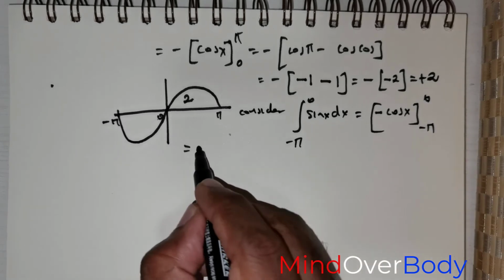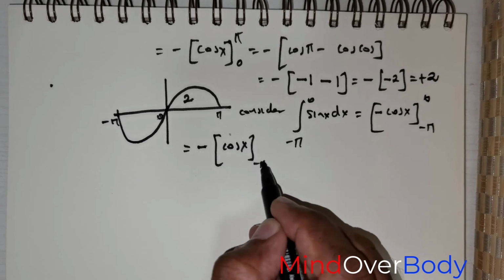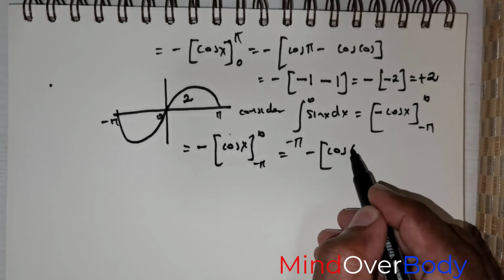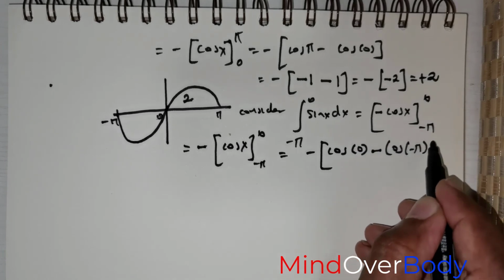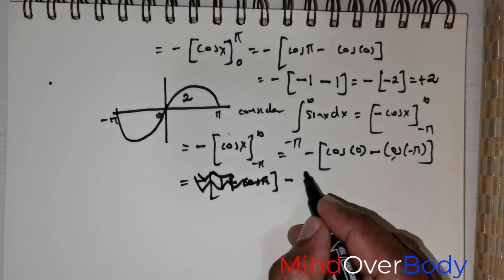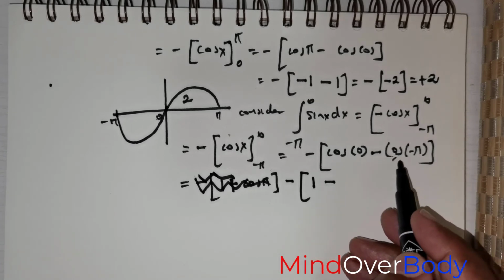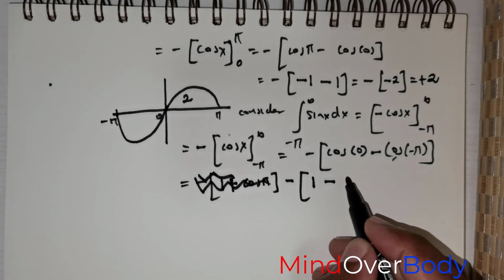Of course, I would be taking the negative sign out. So this is going to be negative of cos x of negative pi to 0, which is equal to, I substitute the upper limit followed by substituting the lower limit. So this is equal to negative of cos 0 is 1. Now cos of negative pi, that is going to be negative 1.